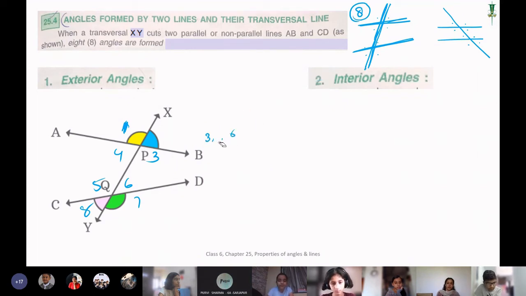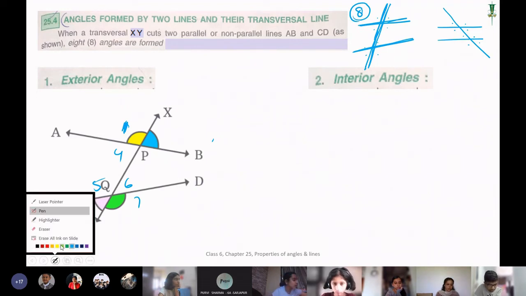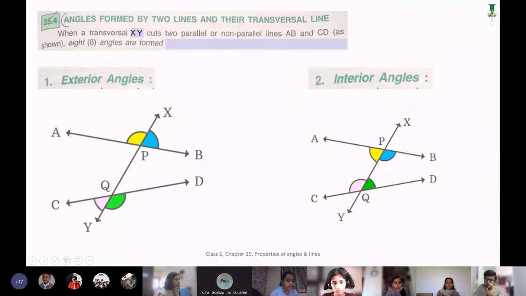So basically, I'm just trying to reinforce what you already know. These colored angles are within the two lines, not the transversal. I'm talking about the two lines AB and CD. These are the interior angles.